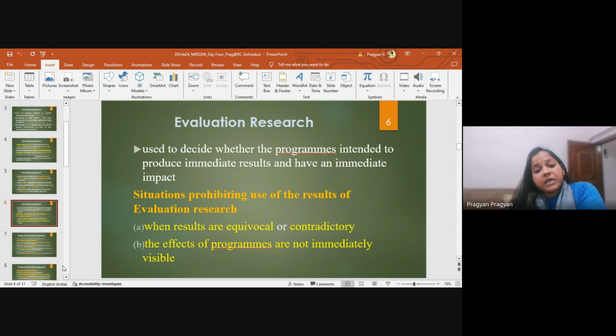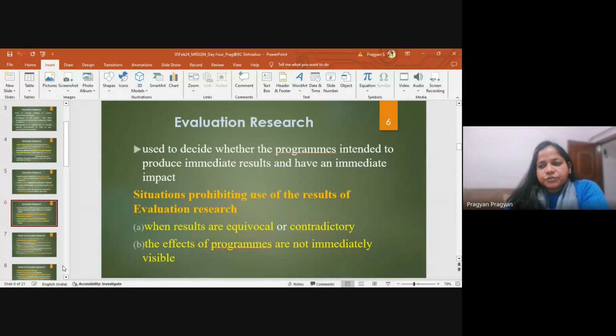And the other is that in most cases, those programs are very structural. That means they take time to show you that those programs are helping the underprivileged strata.